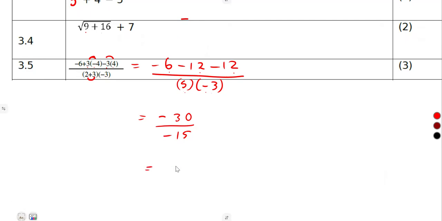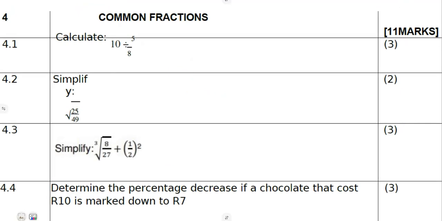Then negative can cancel. Dividing by 15, our highest common factor, 30 divided by 15 is what? Is a 2. So this is what you're going to have at the end. Properly subtract these values, all right? Properly subtract.